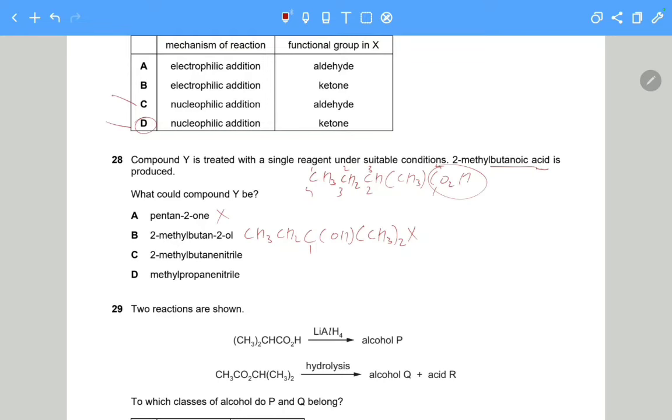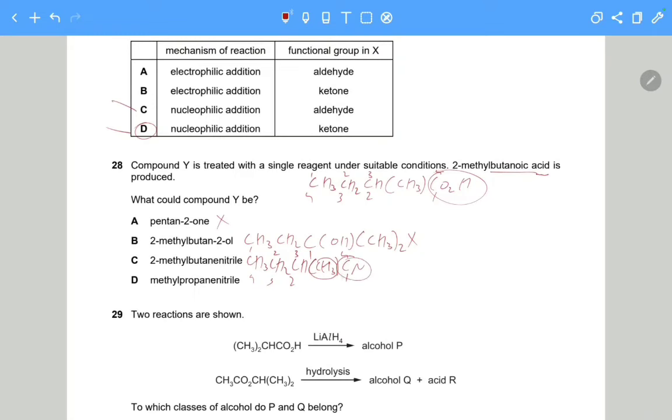And then option C, 2-methylbutanenitrile, CH3 CH2 CH CH3 CN. So 1, 2, 3, 4, that's why butanenitrile. And the second carbon atom has a methyl group on it. So this can be used to make the carboxylic acid, because this CN group can be hydrolyzed to the carboxylic acid group, and it will eventually give you 2-methylbutanoic acid.